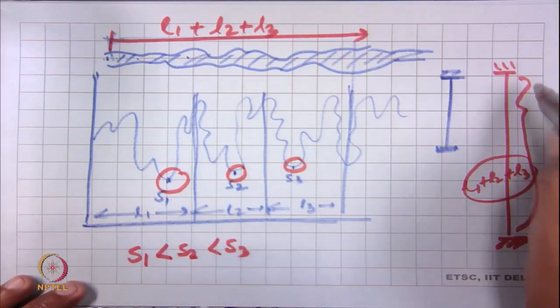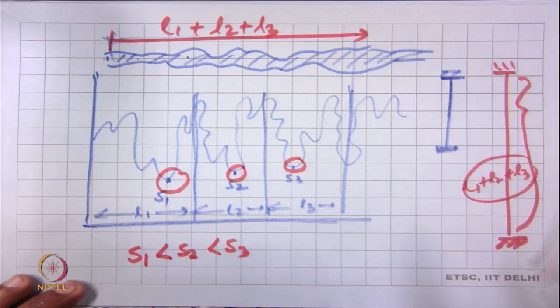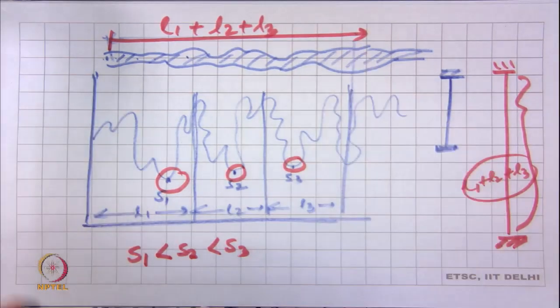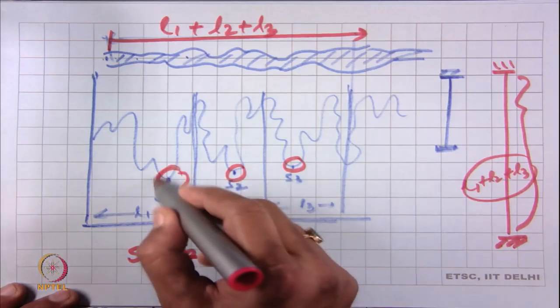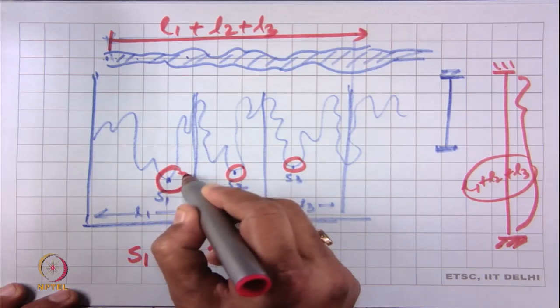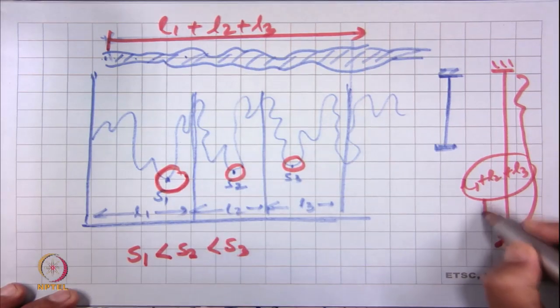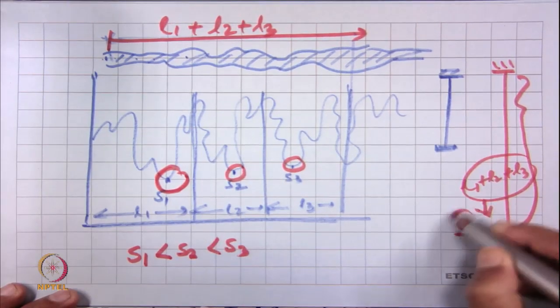Now, if we take the gauge length as the total length L1 plus L2 plus L3, in that case what will be the strength of the yarn? The strength of the yarn will be S1.